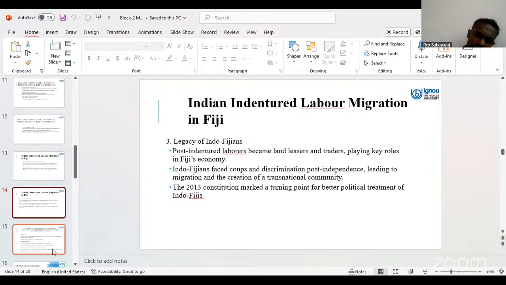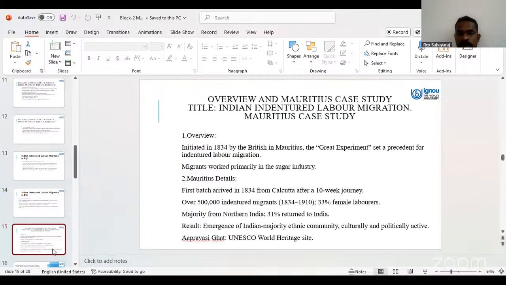So after independence, the people who had settled there were able to enjoy the benefit of the pain they had undergone, because the negotiations and the policies of the governments played a role in bringing betterment to their citizens in those countries, right?